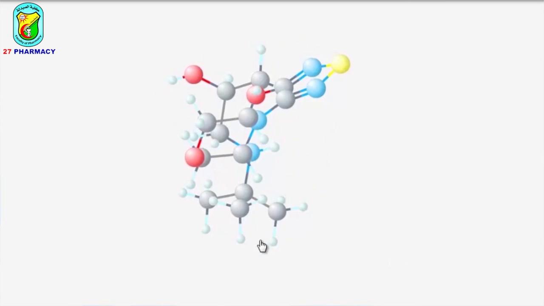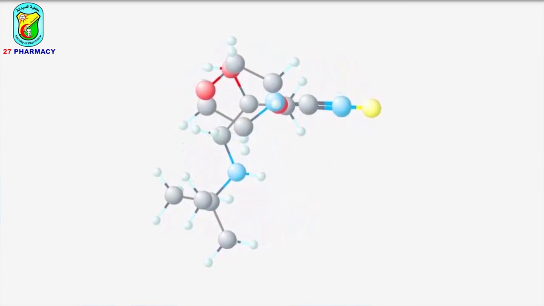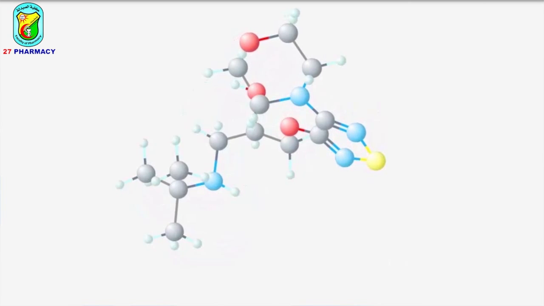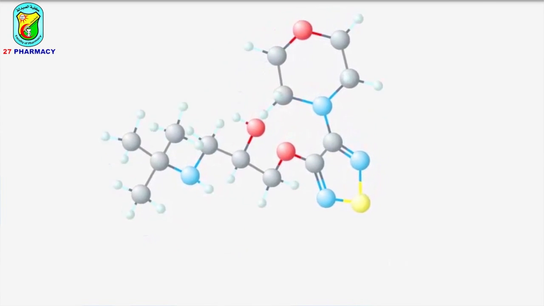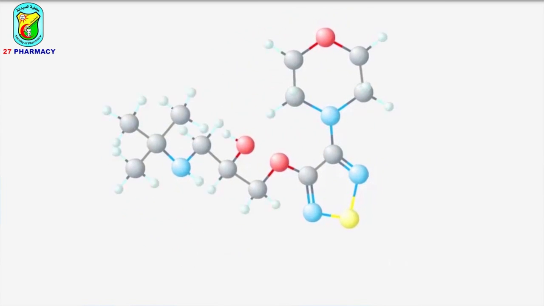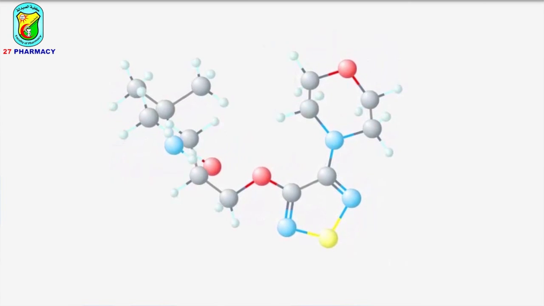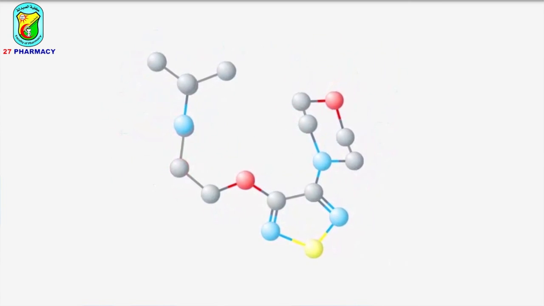The hydrogen atoms appear in pale blue color. And we can see hydrogen atoms appear and disappear and are linked to oxygen, nitrogen, and carbon atoms. Timolol has 24 hydrogen atoms.